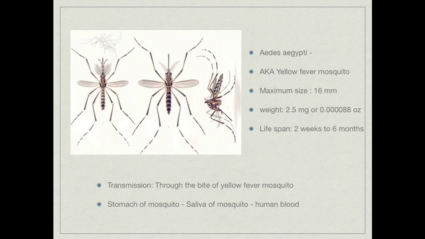We usually get yellow fever through the bite of the mosquitoes. The mosquitoes carry the virus inside their stomach, and when they bite our skin, their saliva, which carries the yellow fever virus, enters the human blood.